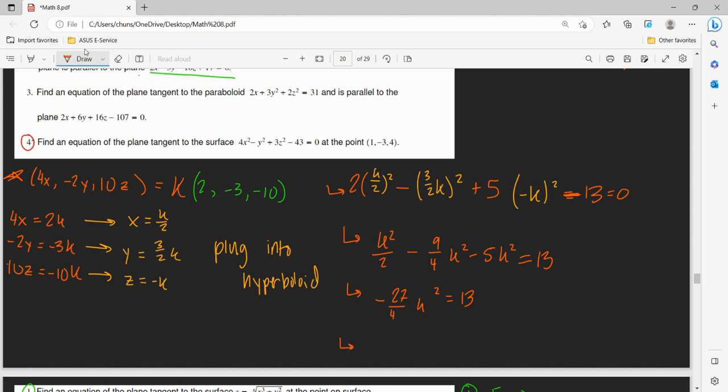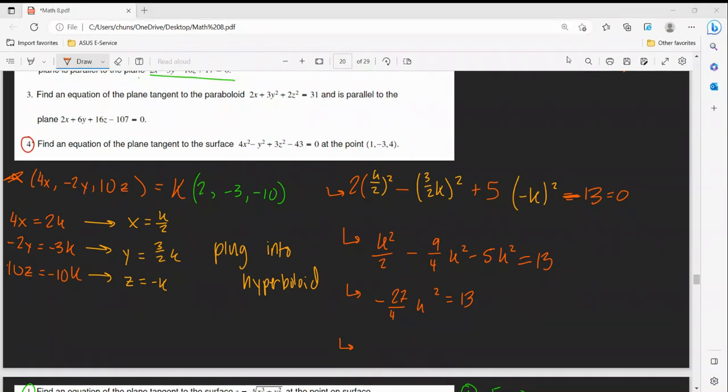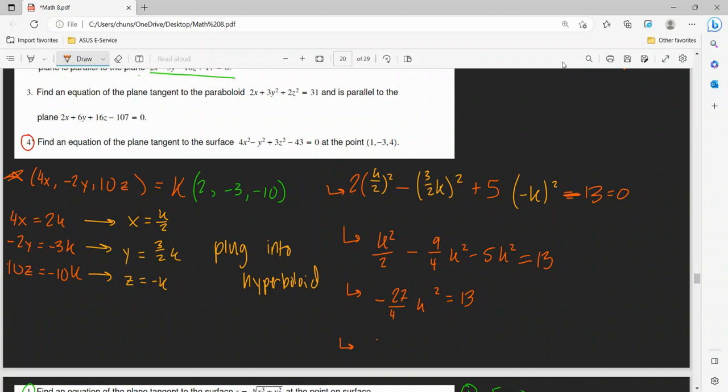If we take 13, multiply by 4, divided by 27, and take the square root, this will give k squared equal to 52 over 13, which is equal to 4. So k is equal to positive or negative 2.